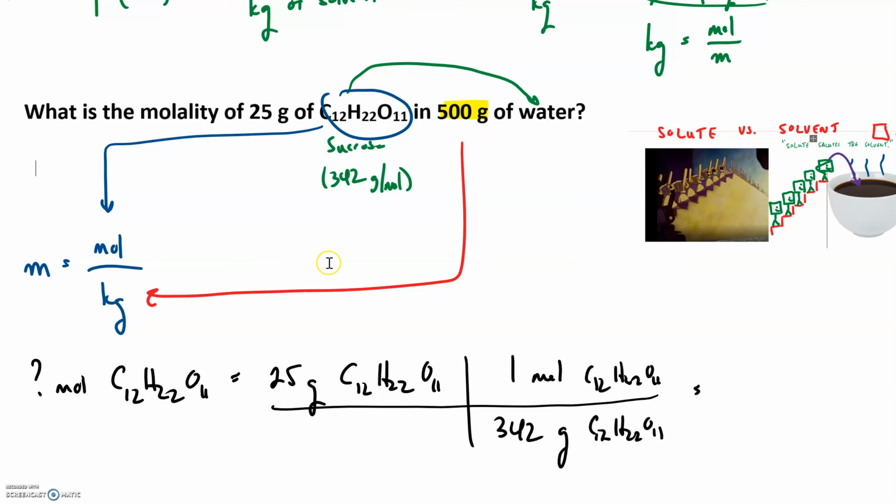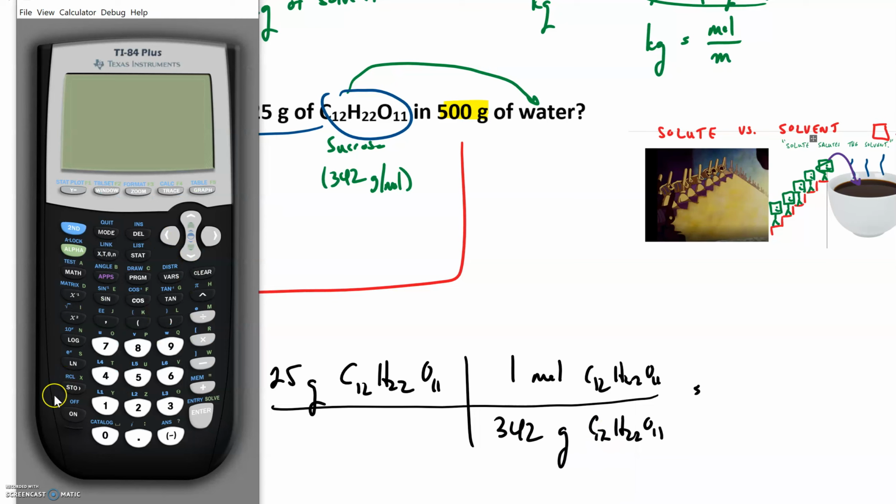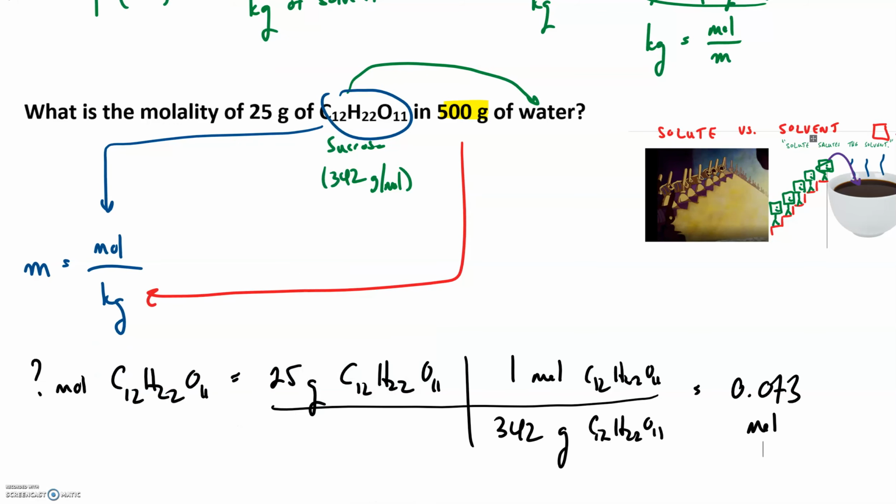So I'm going to bust out my fancy schmancy calculator here. And we'll say 25 divided by molar mass, 342. Here's how many moles of a solute we have, 0.073. Okay, we'll put that aside so we can put that into our equation.